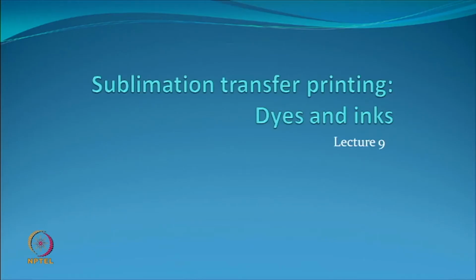So, we will now talk a little bit about dyes and inks. Dye is the molecule that we talk about. Ink is the solution which has the dye, all right. So, ink is like the paste which we have in normal textile printing.